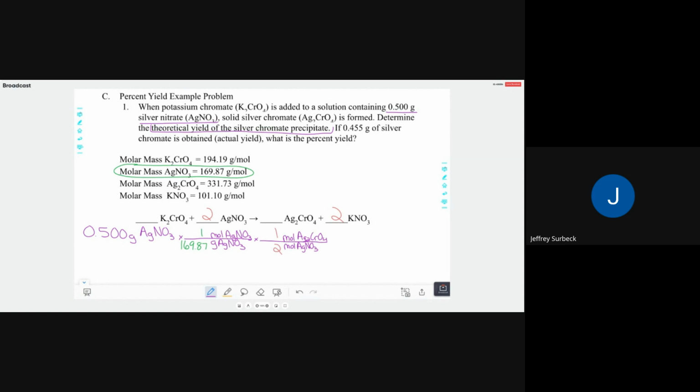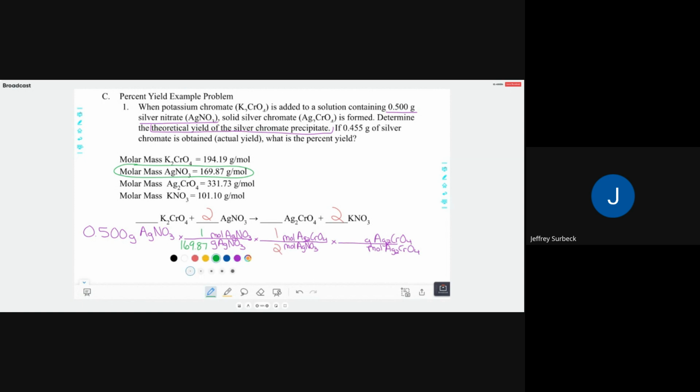Still not done. We don't measure in moles. We measure in grams. So last step here, we have to say times, we draw our line, mole cancels of our silver chromate. Okay, we finally go to grams of our silver chromate, and now we need the molar mass here of silver chromate.